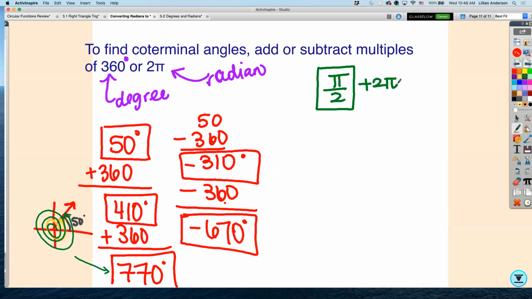But in order to add a fraction to a whole number, we need a what? Common denominator. So pi over 2 plus what pi over 2 gives me 2 pi? So what's pi over 2 plus 4 pi over 2? 5 pi over 2 would be a positive coterminal angle to pi over 2.